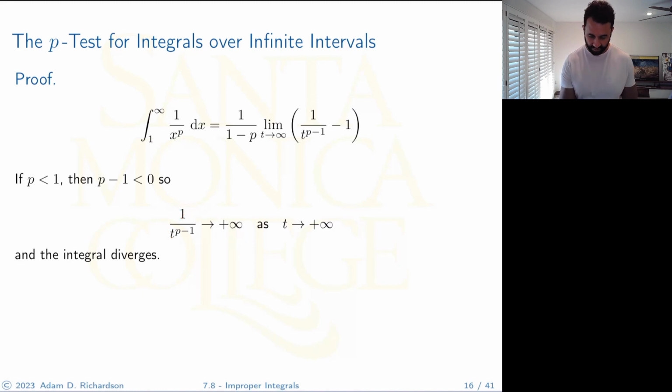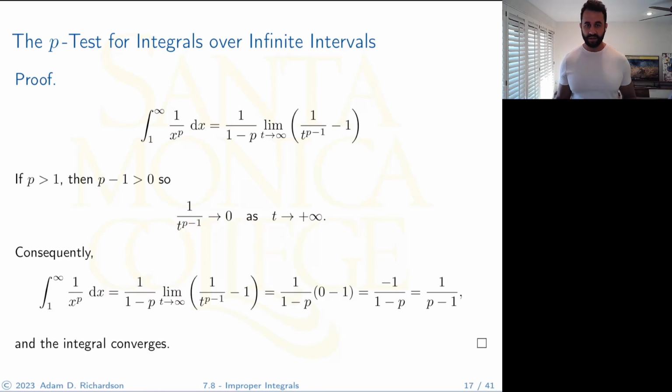Because you're basically going to end up with like t to the k minus 1, where k is a positive number. And then you take the limit as t goes to infinity, and the whole thing goes to infinity. So it diverges. So if p is less than 1, it diverges. And now we've proven that case.